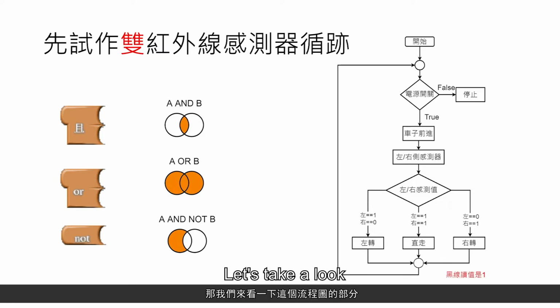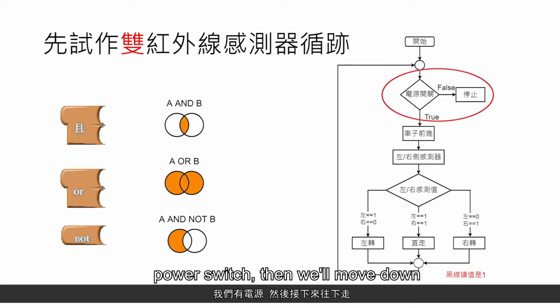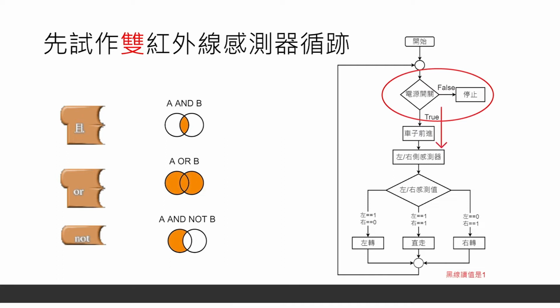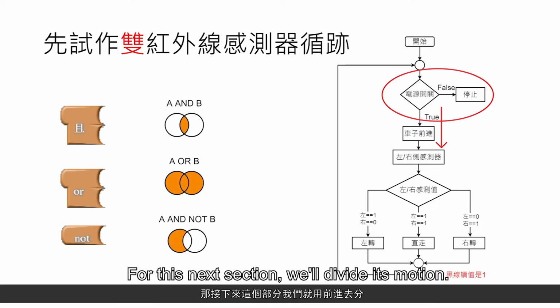Let's take a look at this flowchart. Likewise, we included a power switch, then we'll move down. After the power is turned on, for this next section, we'll divide its motion.